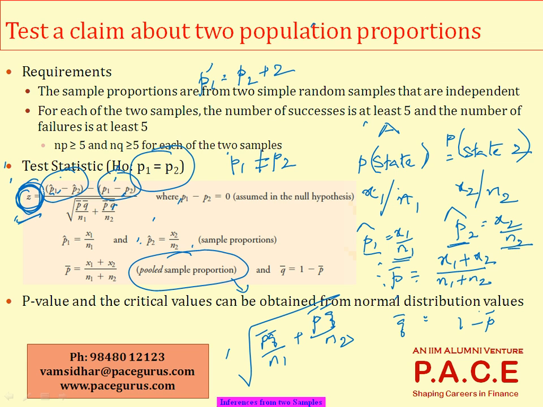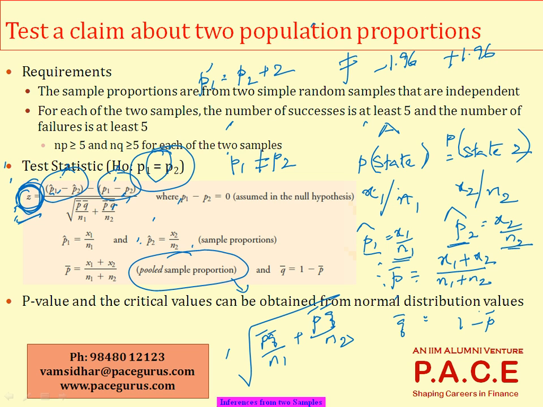So based on this, I can find out the critical values. If I am talking about a 95% confidence interval, because our null hypothesis is equal to and the alternate is not equal to, the rejection zone will be on both sides. It's a two-tailed test. If the rejection zone is on both sides, then my critical values for a 95% confidence interval are minus 1.96 and plus 1.96.